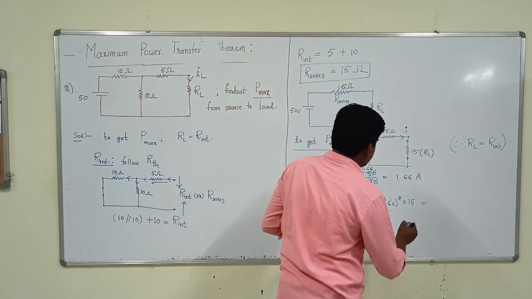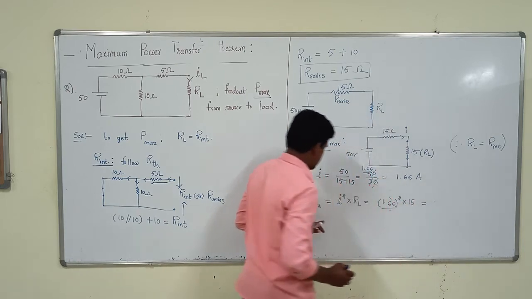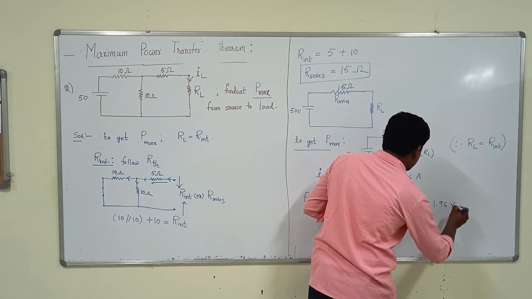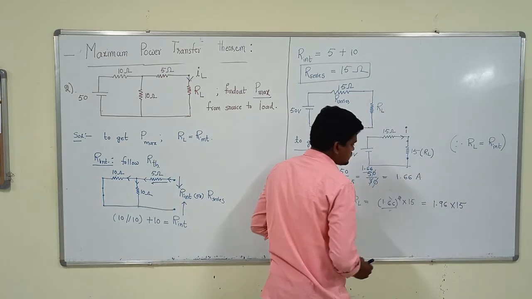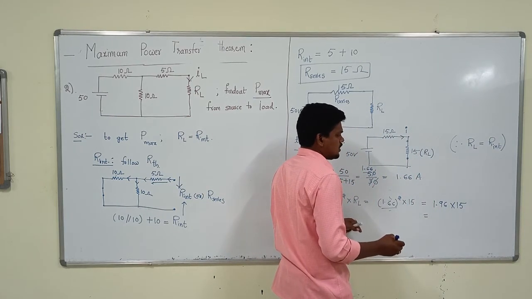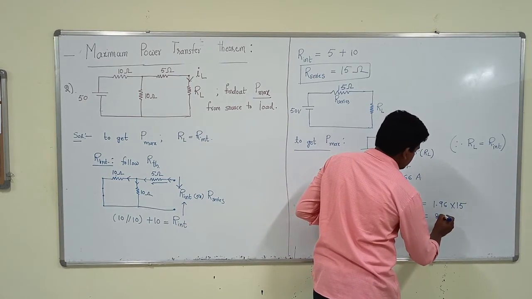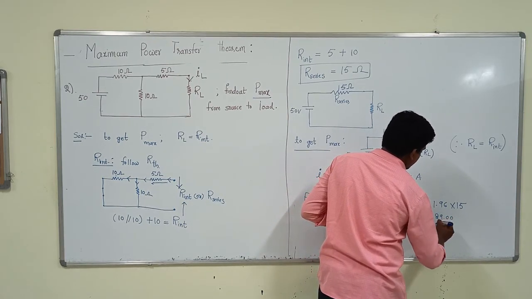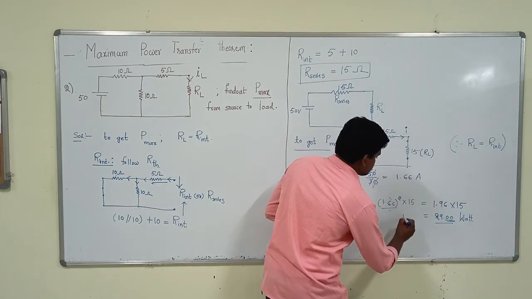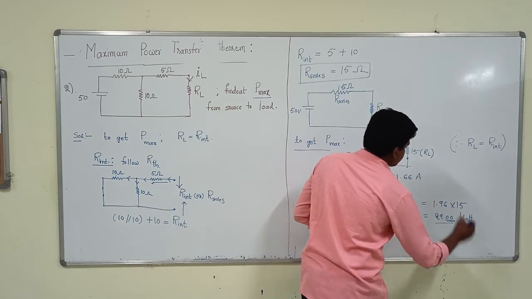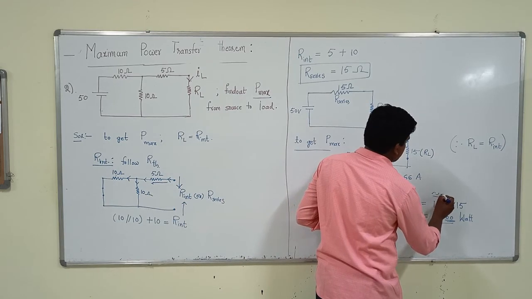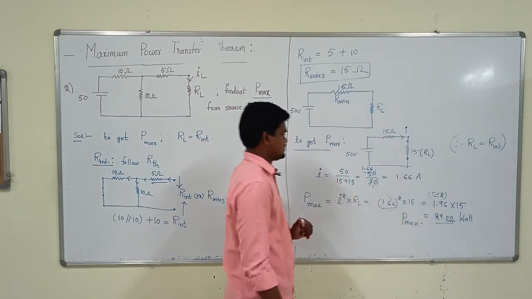So it becomes approximately 1.96 into 15. If we simplify this, we get almost 30, that means 29 point something watts. This is the P max. 1.96 is approximately 2, that's why I write it like this, right?